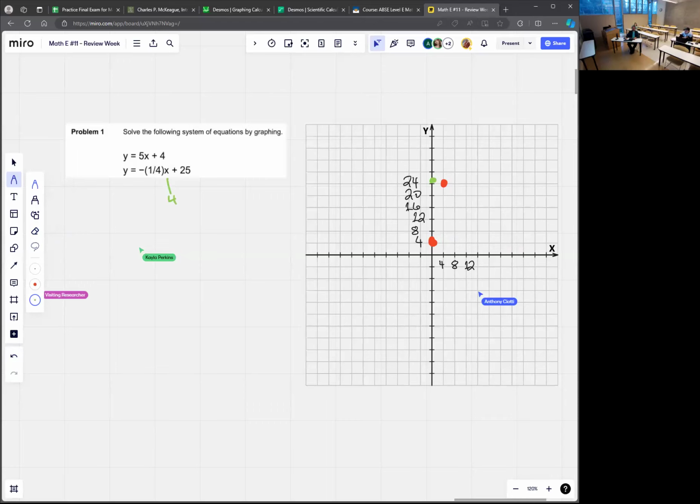Well, a quarter of 4 is 1, so a -1. Plus 25, that's also 24, so they're both going to cross right there. As it is, I lucked out and found exactly where they cross. If I wasn't so lucky, then I would have to look and see where the lines cross.